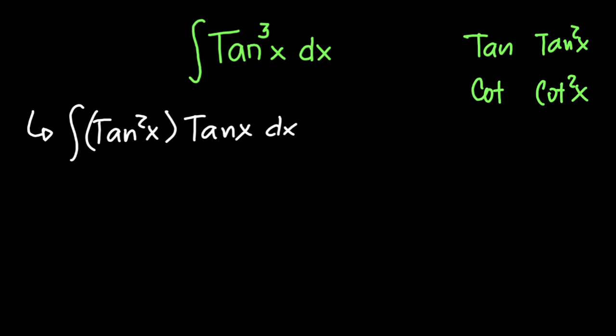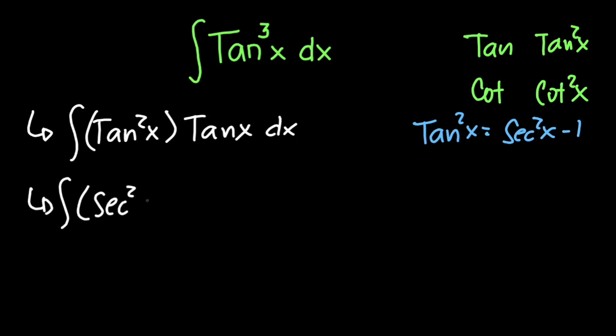Next, transform tangent squared of x according to its identity, which is equal to secant squared of x minus 1. So transforming that, and so distribute tangent of x over this parenthesis.